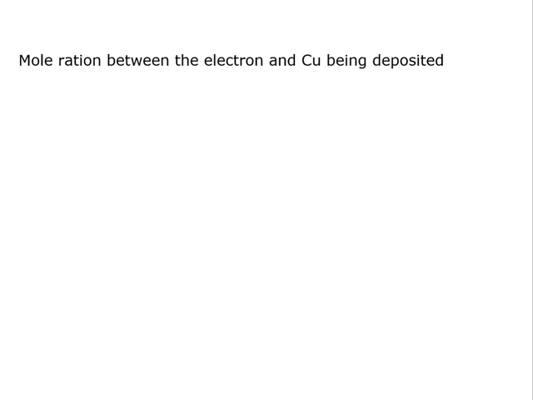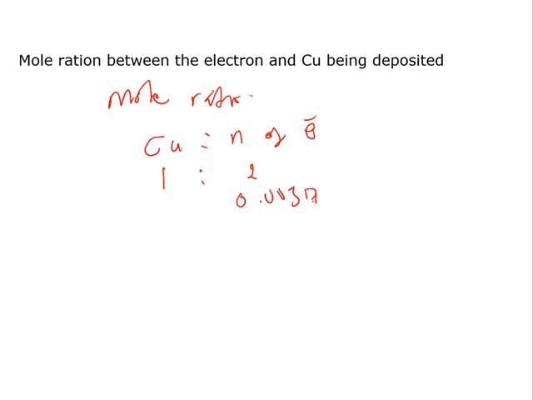Now how do we discover the moles of copper? It is easy. We look at the mole ratio, copper to moles of electrons. 1 copper is equivalent to 2 moles of electrons. So if you have 0.00317 moles of electrons, how many moles of copper are you going to have?